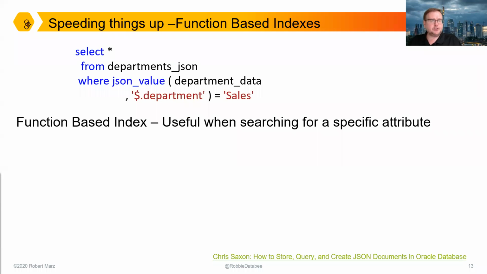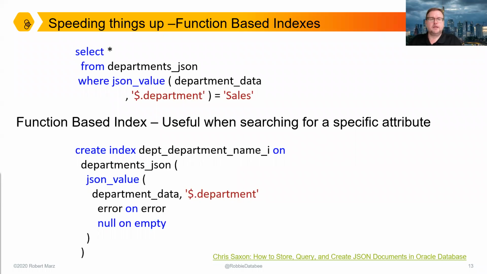We can put a function-based index on the department data column, and this is very useful when searching for a specific attribute. So how do we do that? We say create index, name, on departments_JSON, which is the table, JSON_VALUE, and then this expression here.